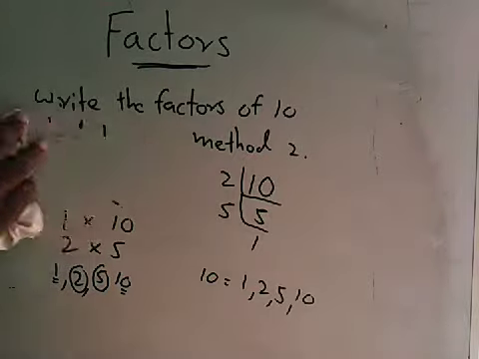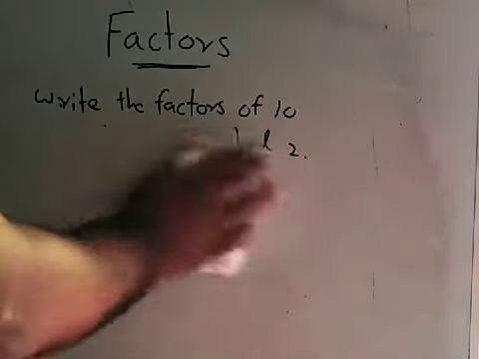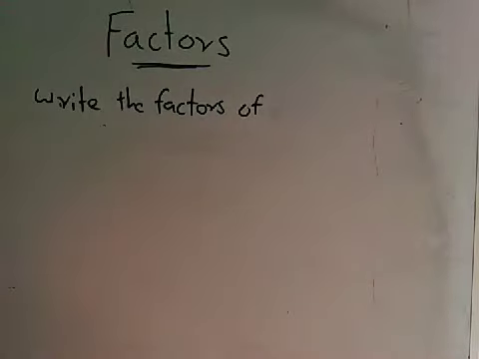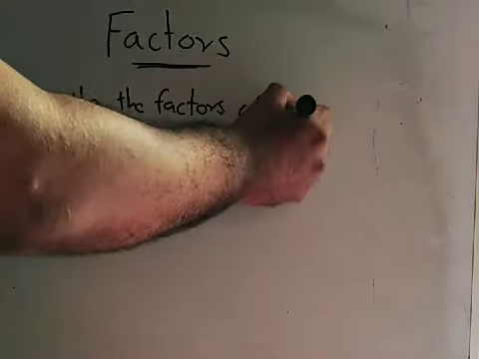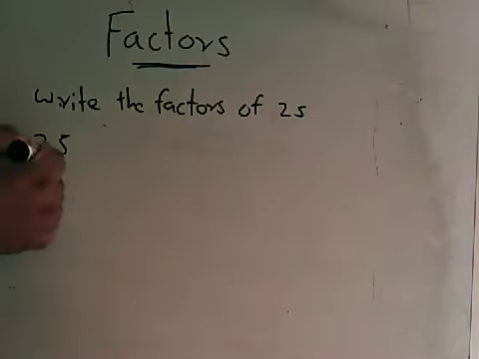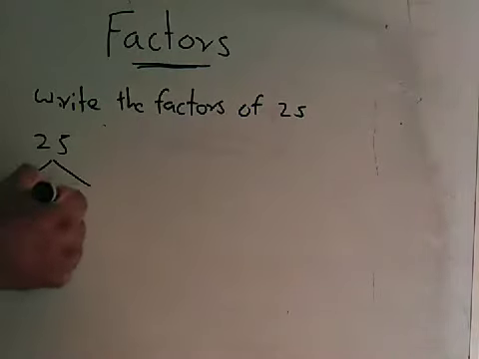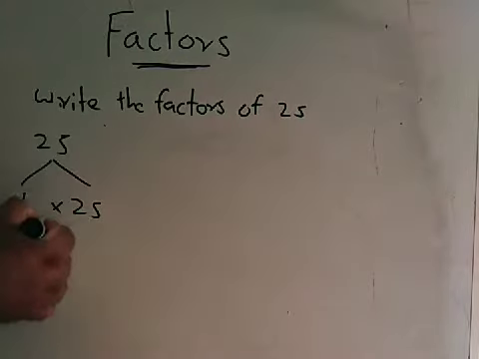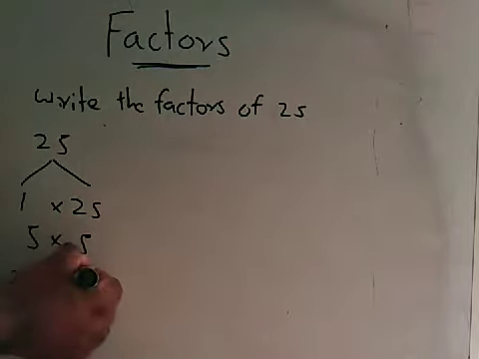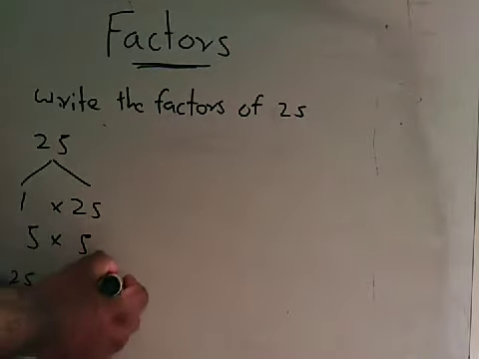Another example. Write the factors of 25. With the first method, to make 25, 1 into 25, then 5 into 5. The factors of 25 are 1, and you can see there are two 5s, so you write only one 5, and 25.